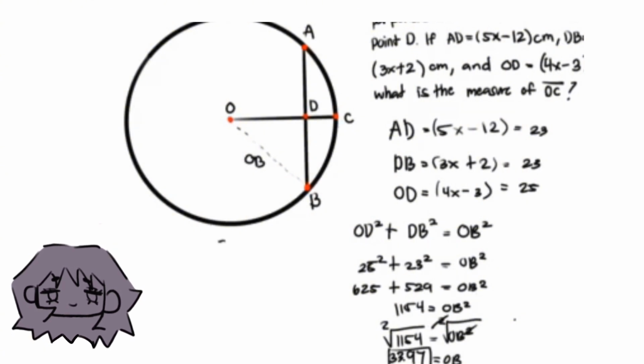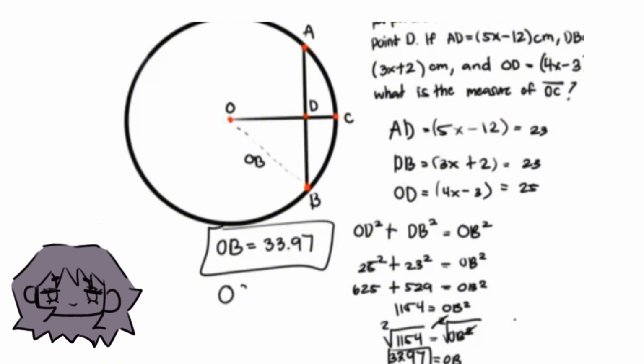So our OB now is 33.97. Since our OB is the same measurement as OC, OC is 33.97 as well. And that's our final answer for this example.